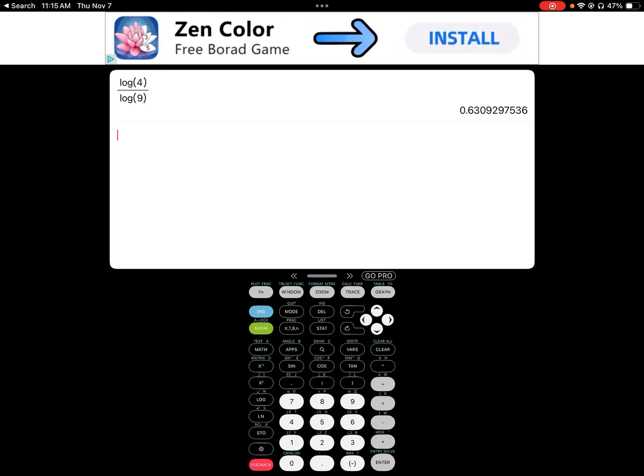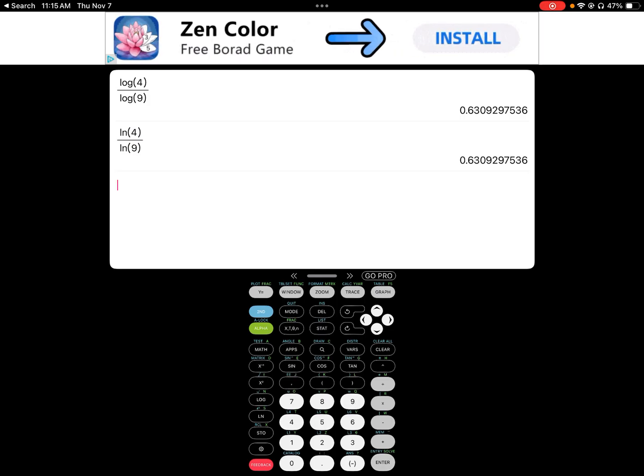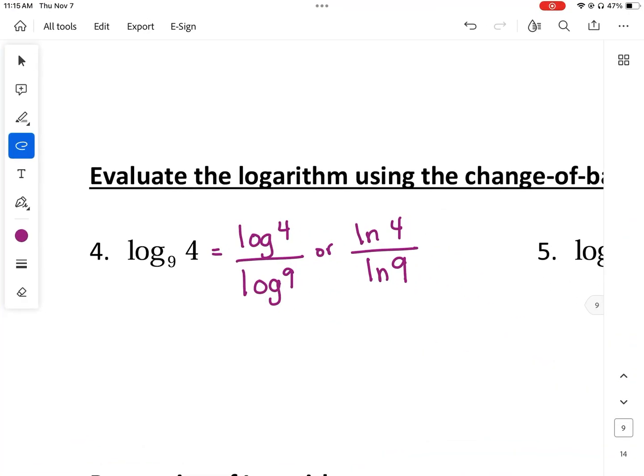So 0.631. We're going to go to 3 decimal places. But remember, we can also do the ln, the natural log. So ln 4 over ln 9. They are the same thing. Equals 0.631. So that's our solution.